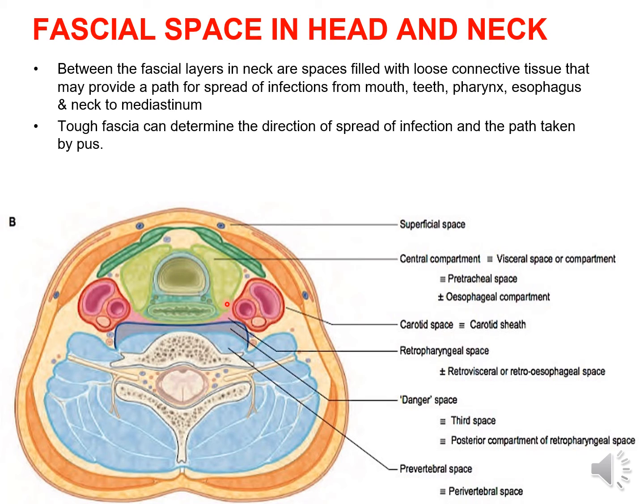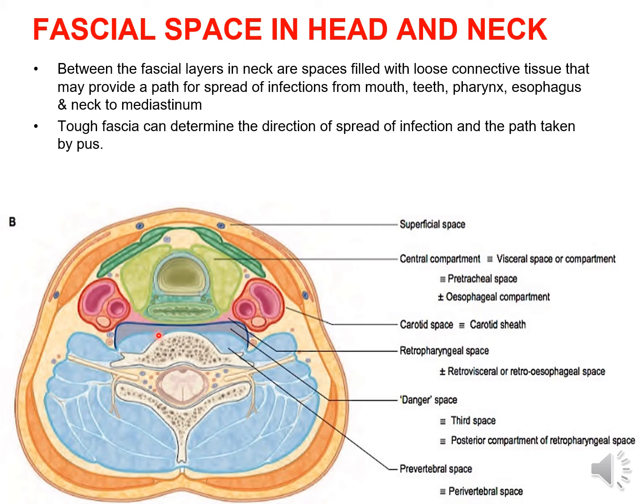Then behind that, between the buccopharyngeal fascia and the alar fascia, lies the retropharyngeal space. Next, between the alar fascia and the prevertebral layer lies the danger space, or the third space.